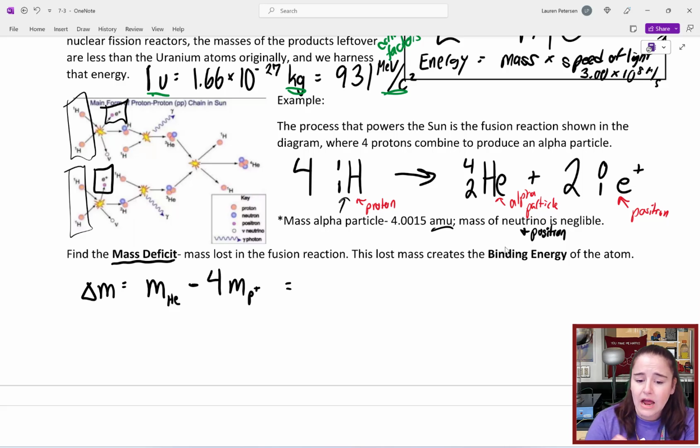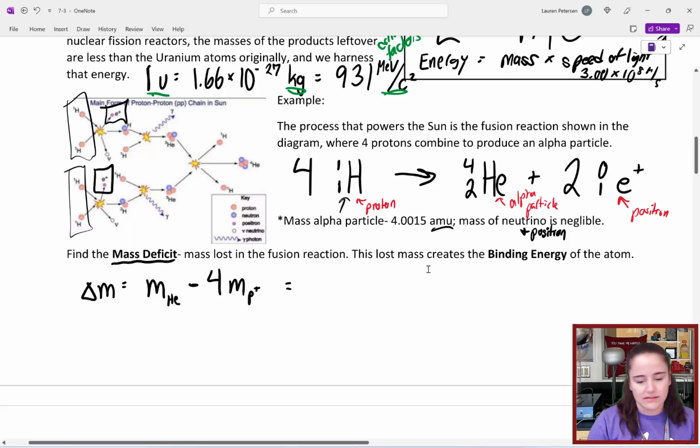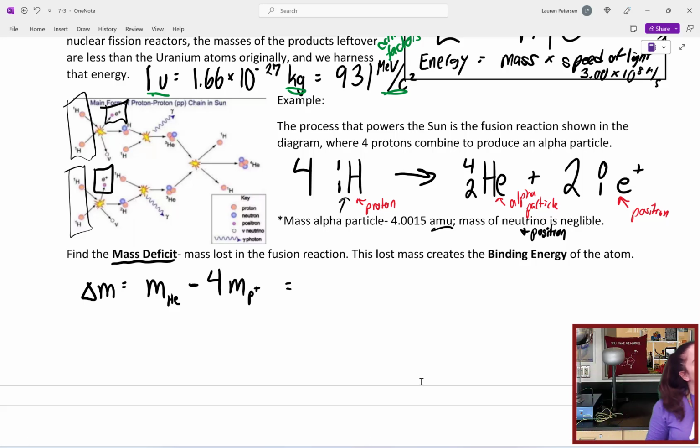So the mass of the helium, they told us, is 4.0015 AMU. I'm going to convert that to kilograms because on our equation sheet, we only have the mass of a proton in kilograms. So let's go ahead and convert this number.